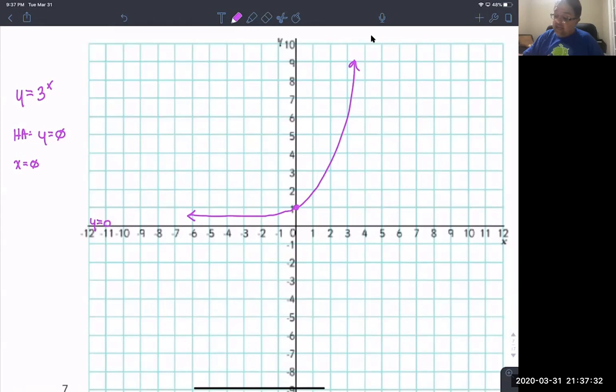But since this is a decay, to the left of the transition point we go up, and to the right we get closer and closer to my asymptote. The domain for both functions is still all real numbers, and the range is from my horizontal asymptote, 0, to infinity.